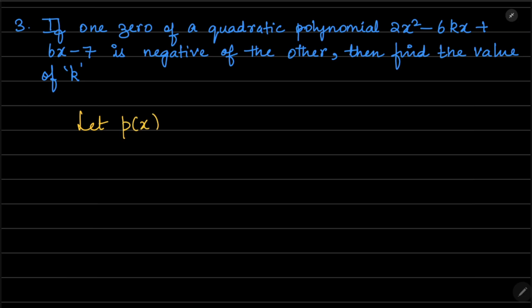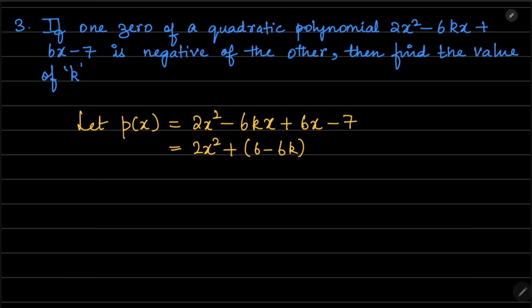Let your polynomial be 2x square minus 6kx plus 6x minus 7. I'll write it in the form ax square plus bx plus c. So 2x square plus, I'll take x common out, 6 minus 6k, minus 7.